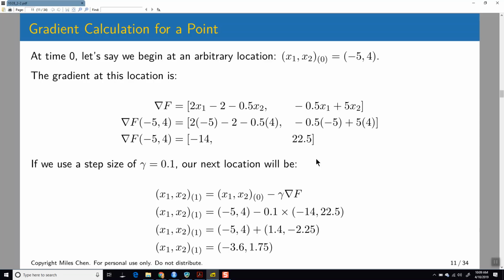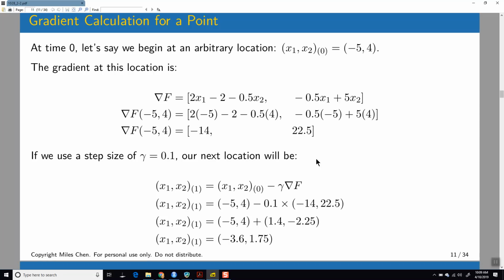If we apply gradient descent, here we're at x1, x2 at time 0, and we want to know x1 and x2 at time 1. We take x1 and x2 at time 0 minus the gradient of f at that location, which is -5, comma 4, our current location, and here I'm going to use a gamma of 0.1.